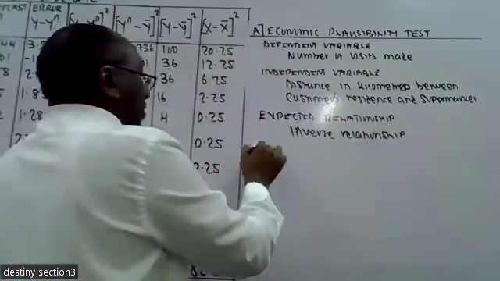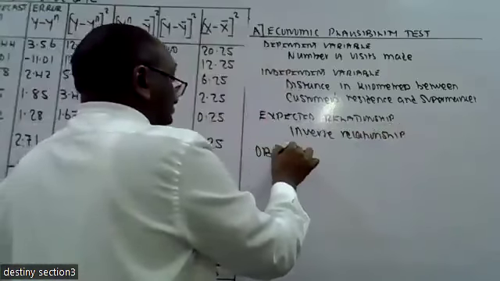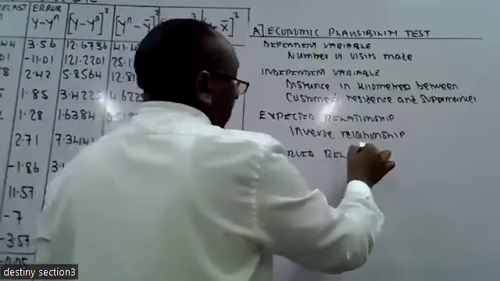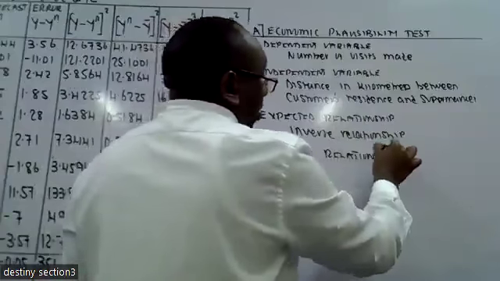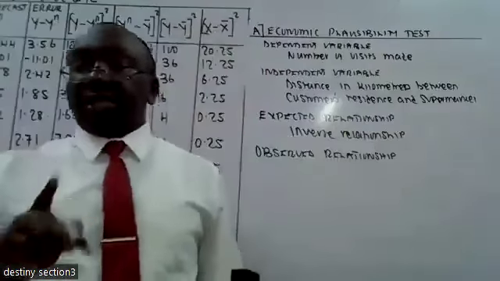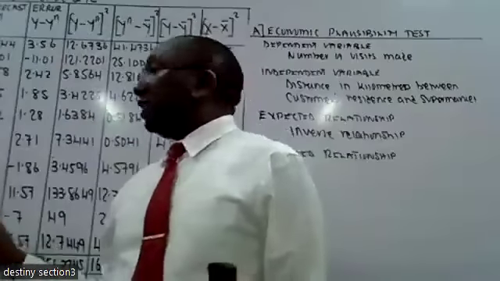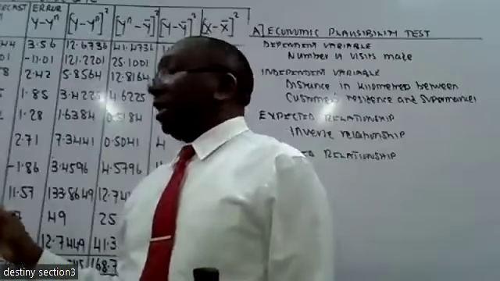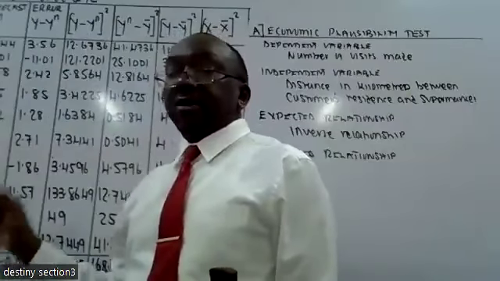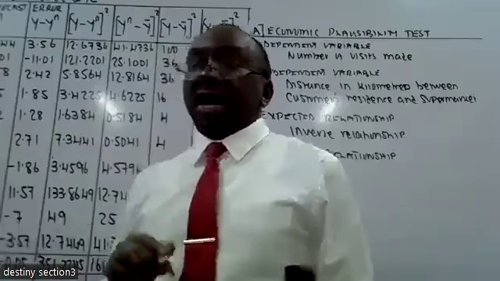Then, what is the observed relationship? The observed relationship is what you have seen from the data. Remember the other day when we did regression and hypothesis testing, what you call the test statistic, the calculated value. That is the observed.